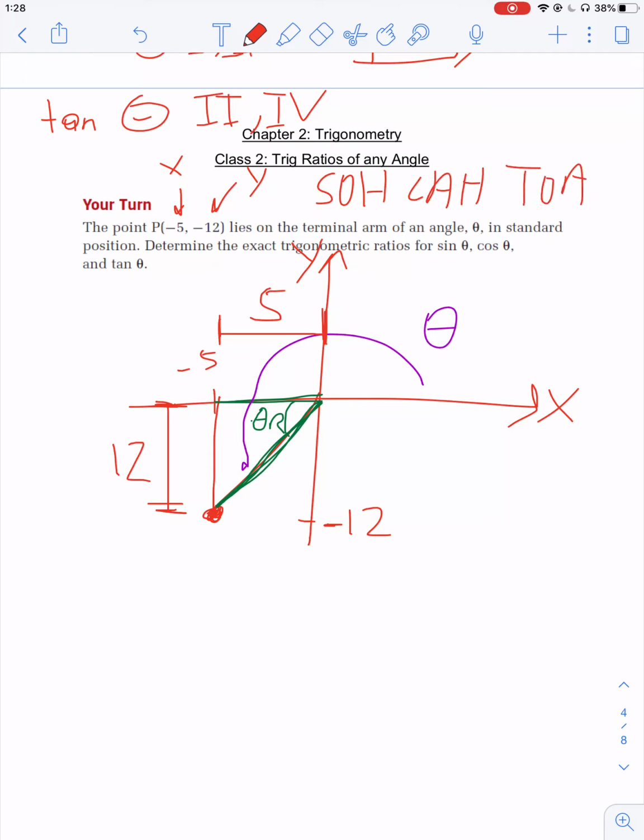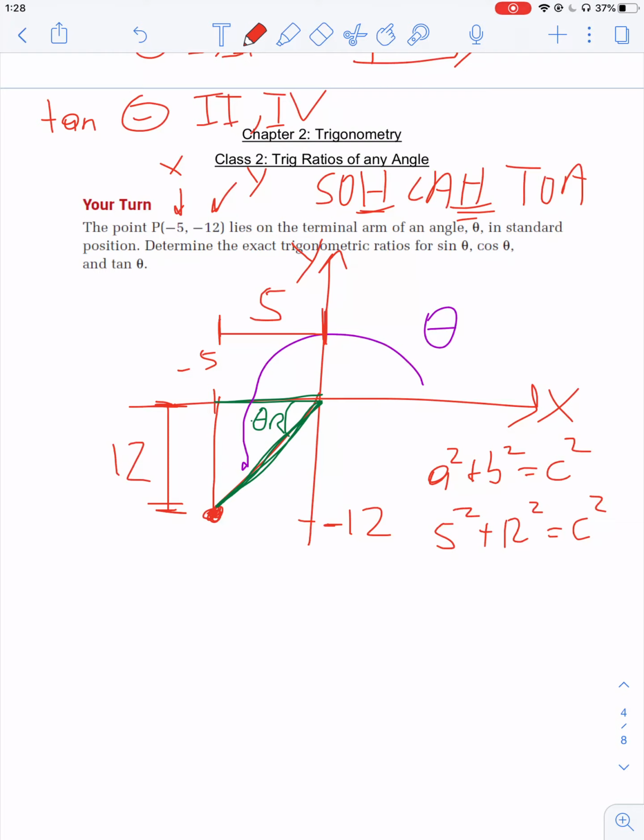Okay? So again, I need my hypotenuse, right? Let's just quickly do this. A squared plus B squared is equal to C squared, right? Let's say A is 5. So 5 squared plus 12 squared is equal to C squared.